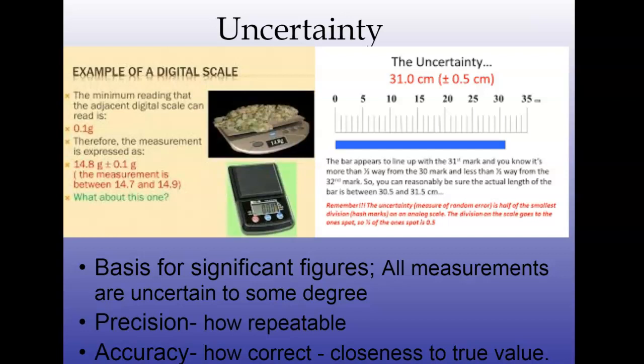In an analog scale, the smallest division is to the ones, so half of that is 0.5. As we see up above, the measurement is written correctly with the uncertainty as 31.0 centimeters, parentheses, plus or minus 0.5 centimeters, close parentheses.